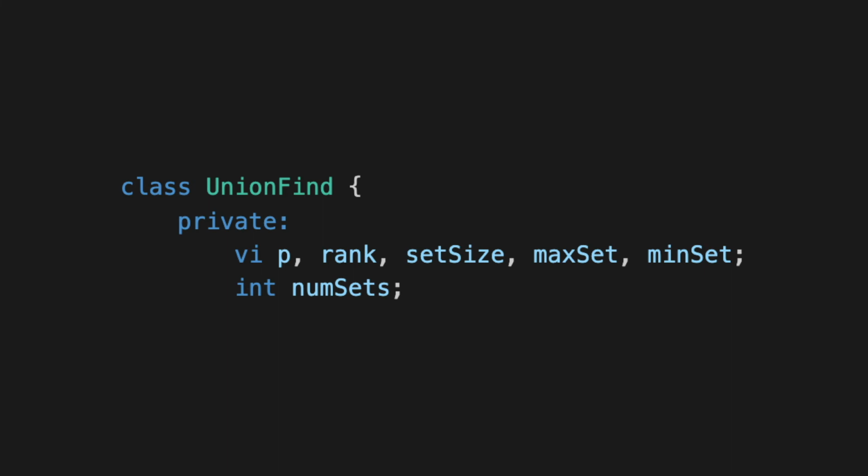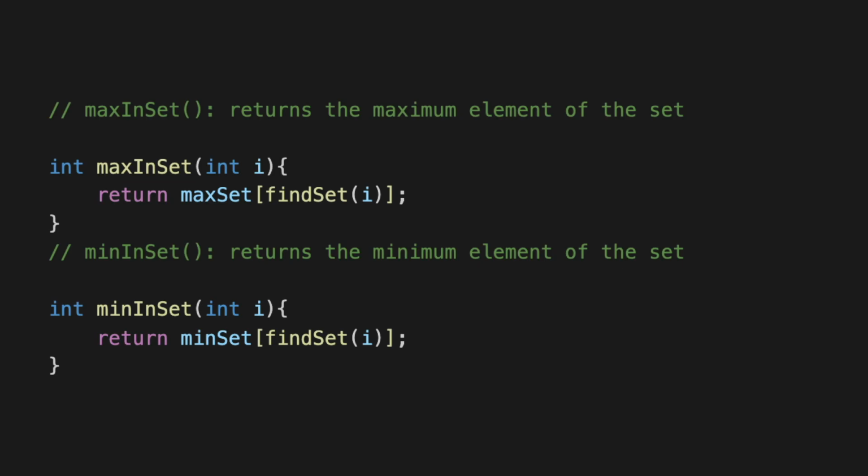So to begin with, MaxSet and MinSet of I will both have the value I, because you're working with singleton sets, so the maximum and the minimum elements are both equal to the only element that you have in that set. So do remember to do that in the initialization function, in the constructor, and also add these helper functions where you're returning the values of the maximum and the minimum elements by, well, not directly returning the value, just like we saw with the set size array.